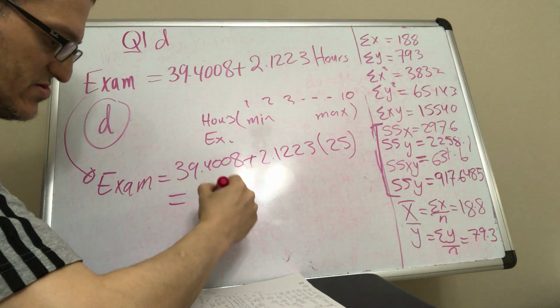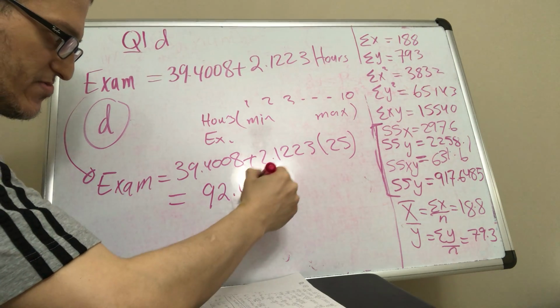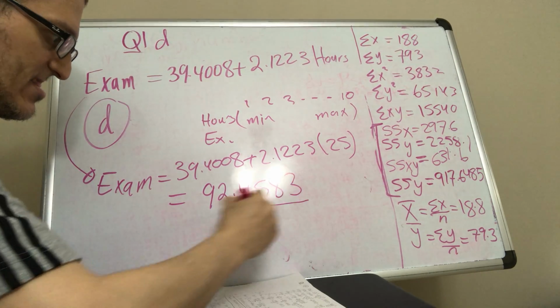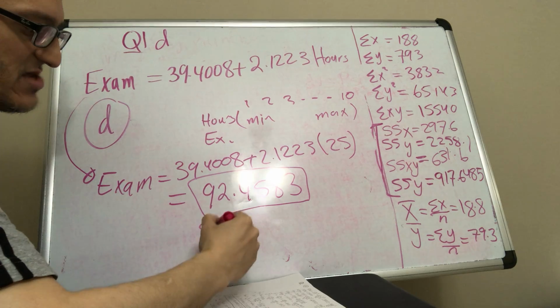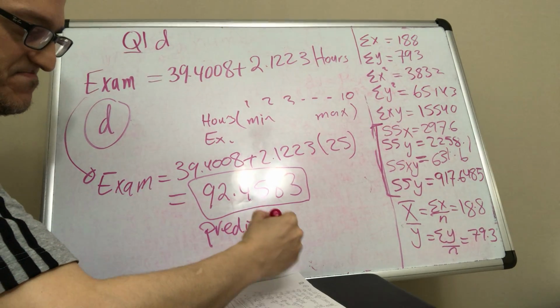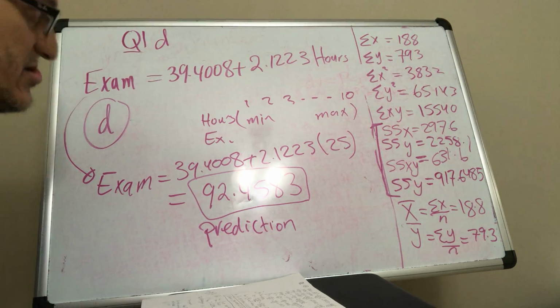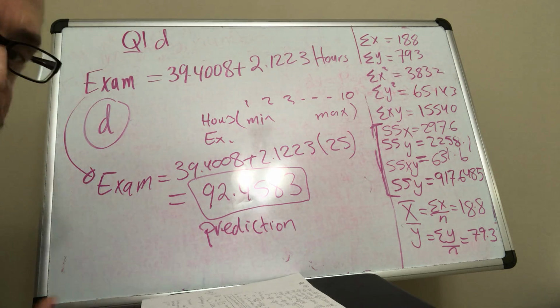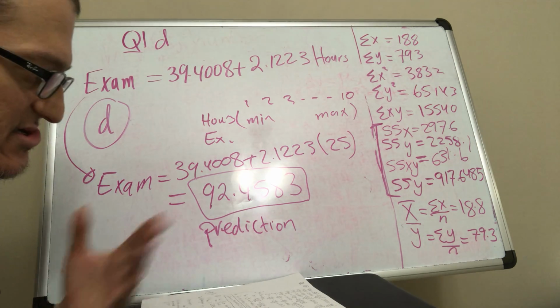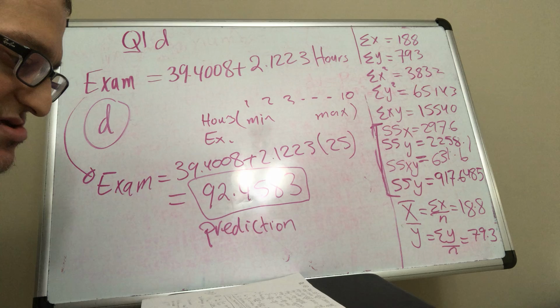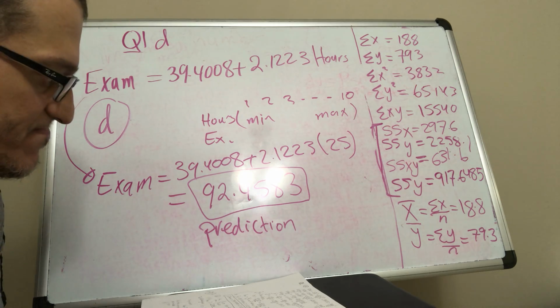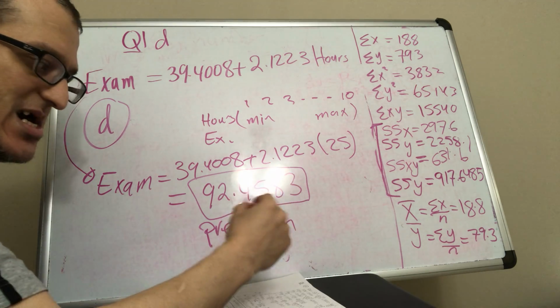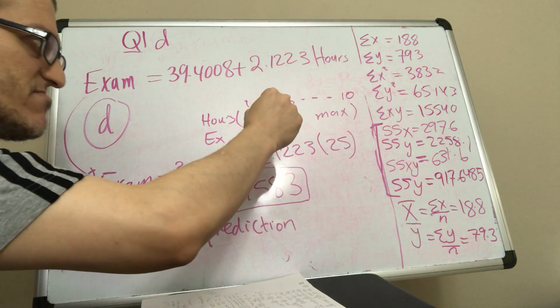This will give you 92.4583. This is our prediction. So using the equation, you are predicting only. This is not necessarily what's going to be the real thing.